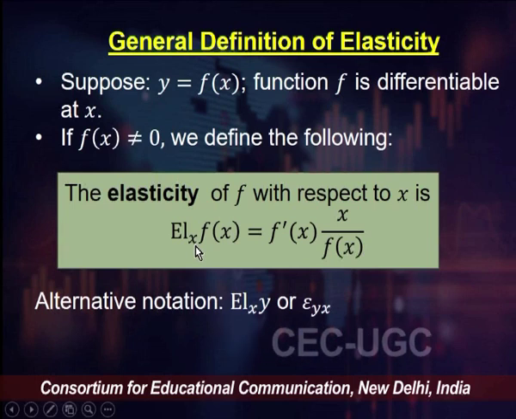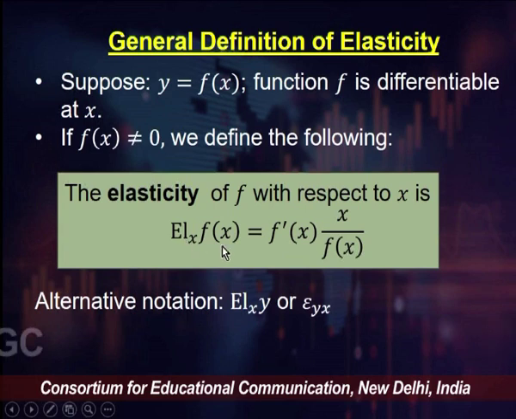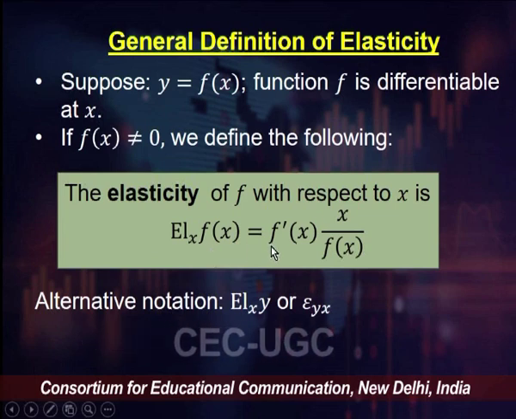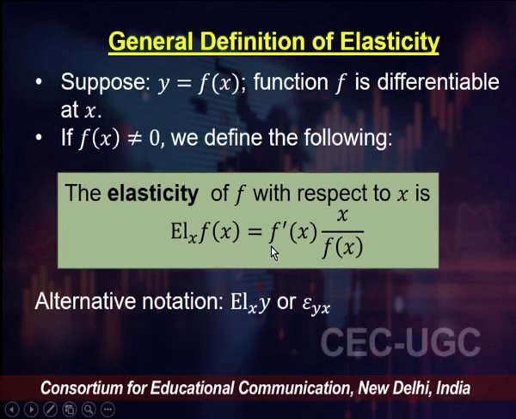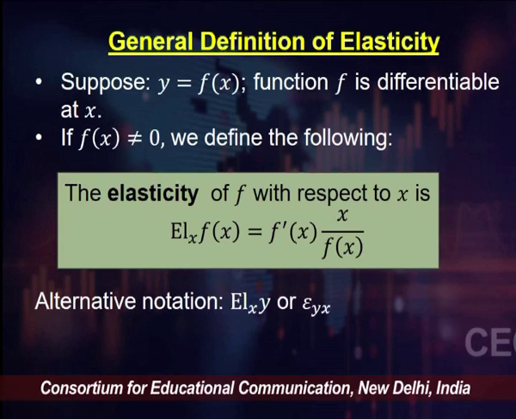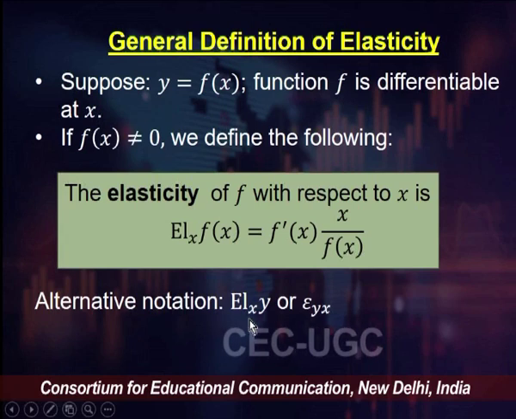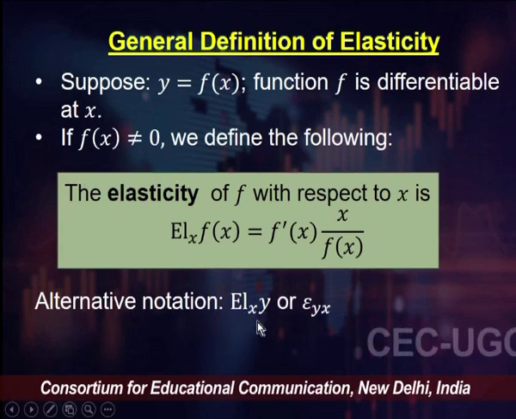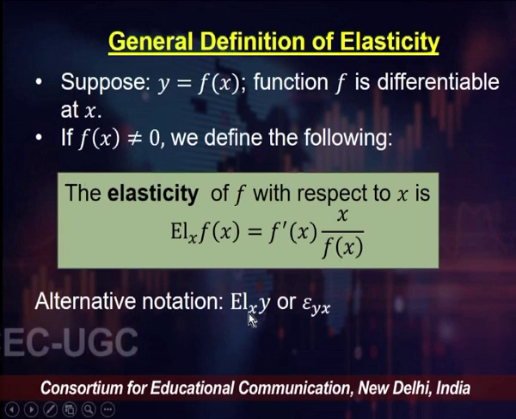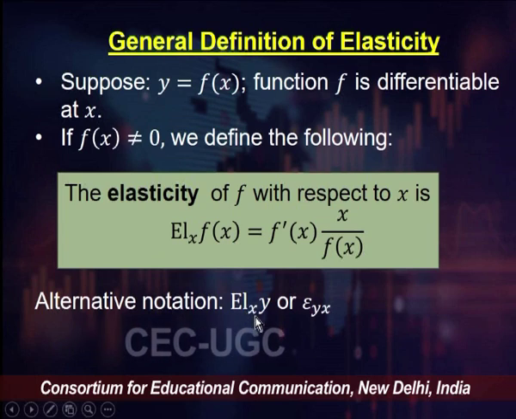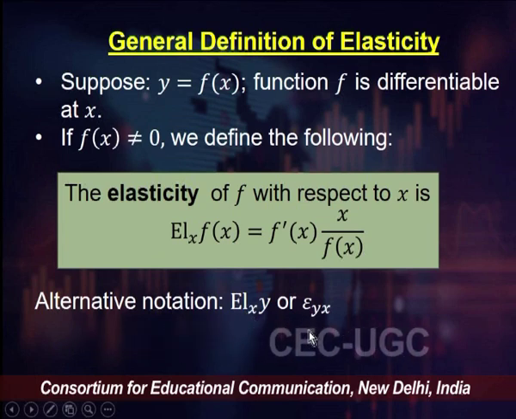So, this is the notation: elasticity of f of x with respect to x, that is the derivative of the function with respect to x times x divided by f of x. Alternatively, books also use a notation elasticity of y with respect to x, because ultimately we have y equal to f of x. So, elasticity of y with respect to x, or epsilon sub yx.